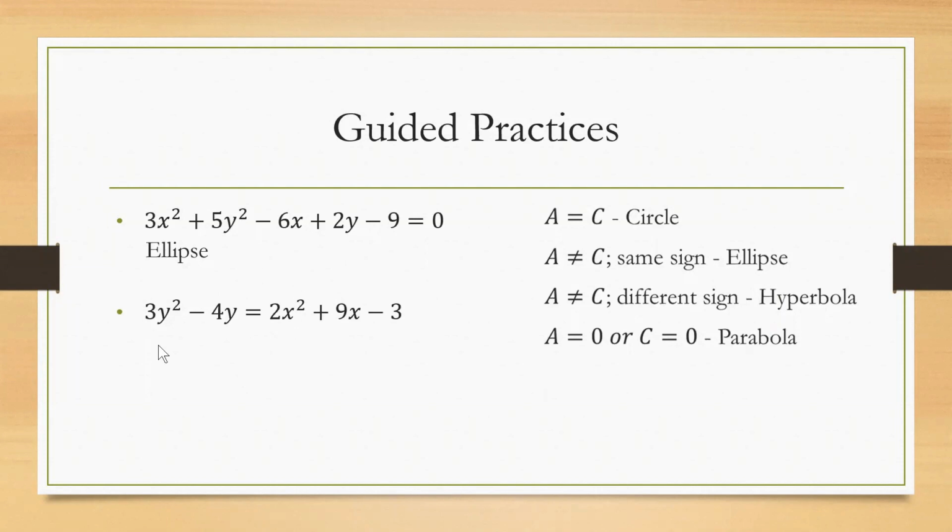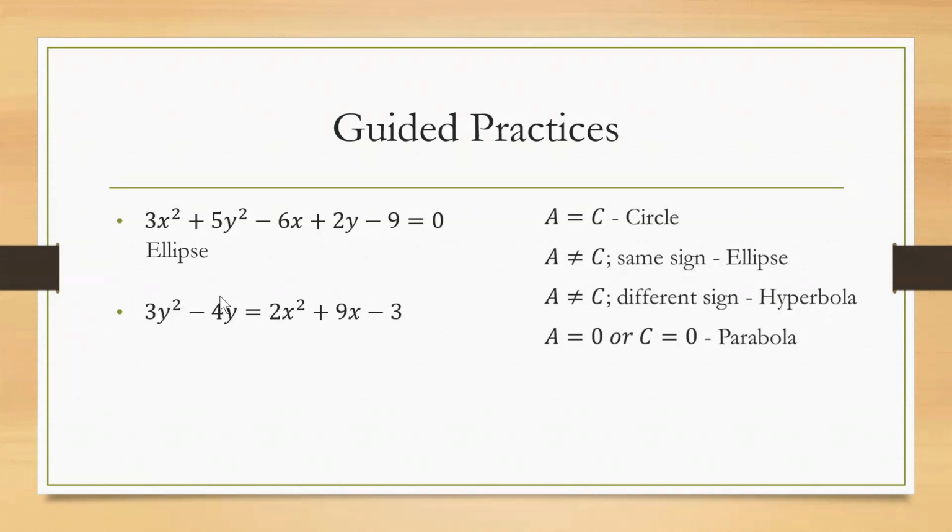So we have to transpose the two. We can either transpose the right side of the equation to the left side or the left side to the right side. But for this, it's easier to just transpose the left side of the equation to the right side.